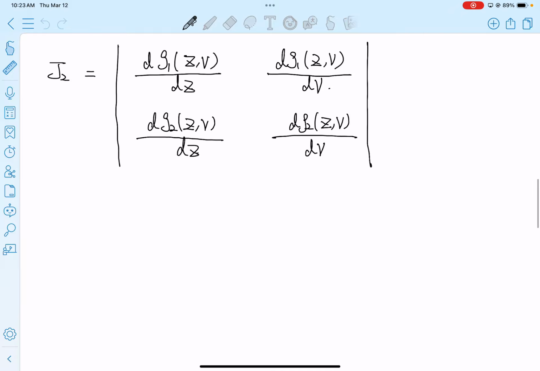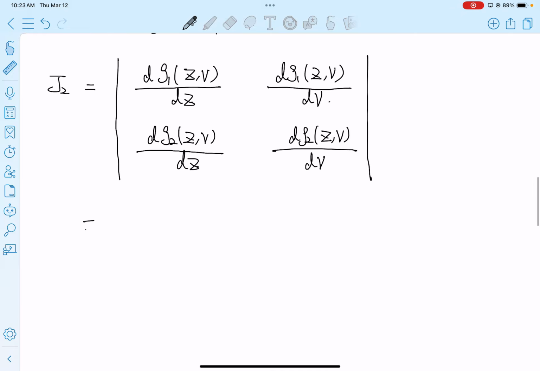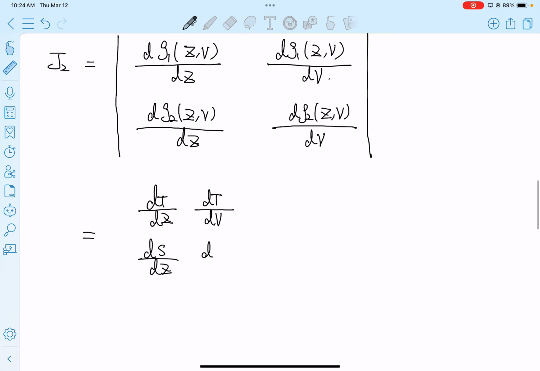Okay, so now using J2, the dt, dz, so now I'm just replacing the G1 and G2 by the actual names of those random variables.